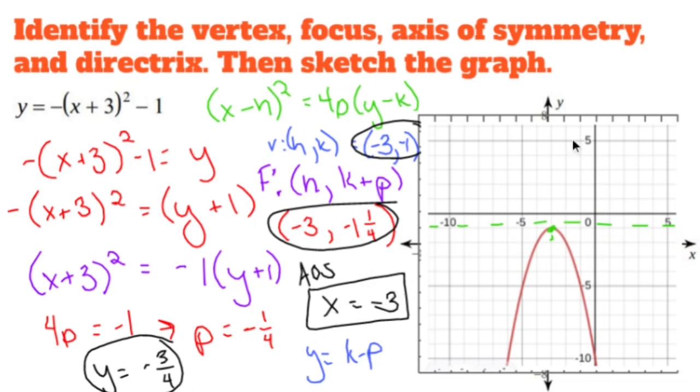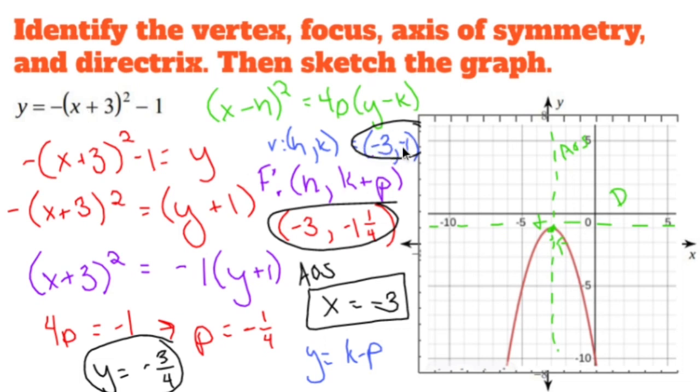Okay, so we can kind of see everything falling into place. My axis of symmetry is x equals -3. So there's my vertical line that goes through -3. So we can see everything there. Directrix, axis of symmetry, focus right there, vertex right there. So everything lives where it should be. And if you're wondering, how can I get points to make a graph? Just plug random points in.